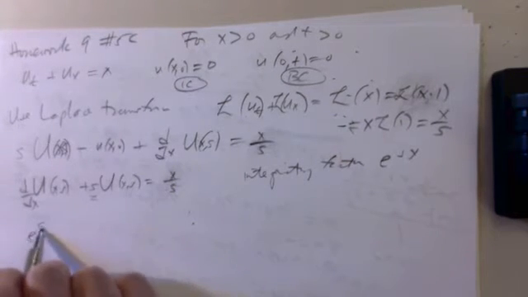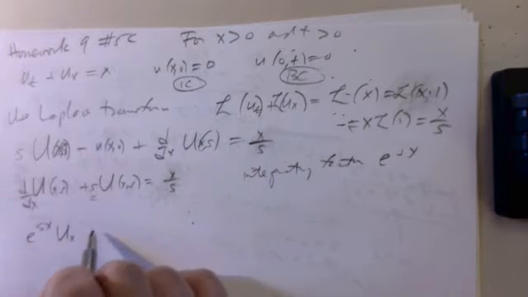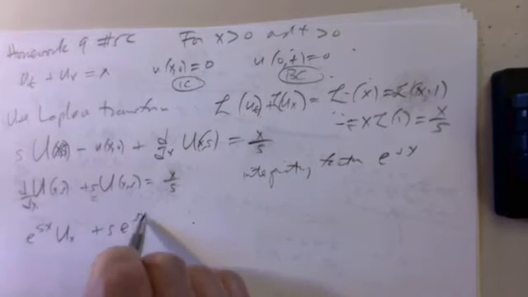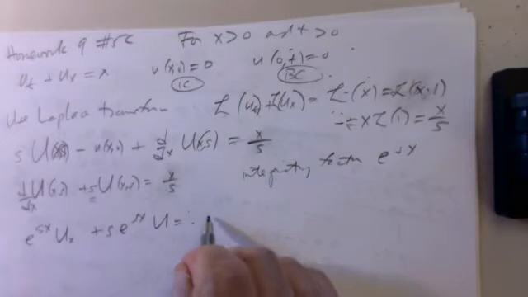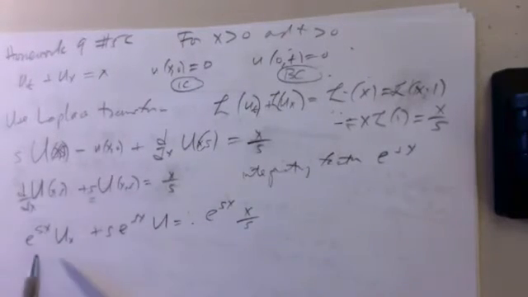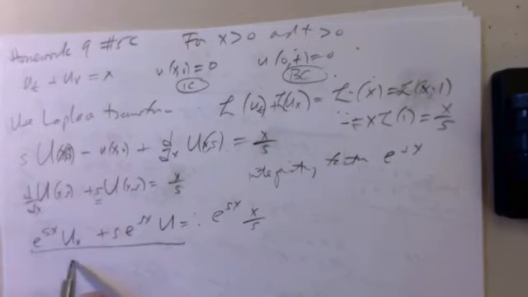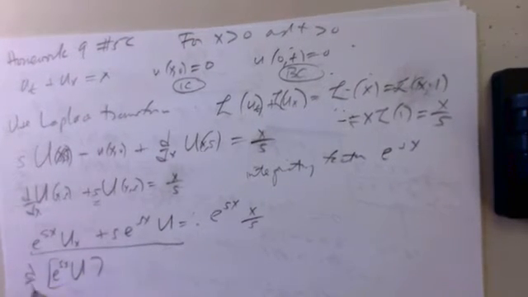I get e to the sx times the derivative of u with respect to x plus s e to the sx u equals e to the sx times x over s. And this is the derivative of e to the sx u with respect to x.